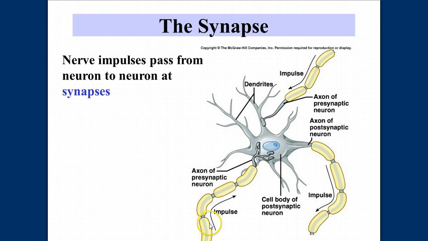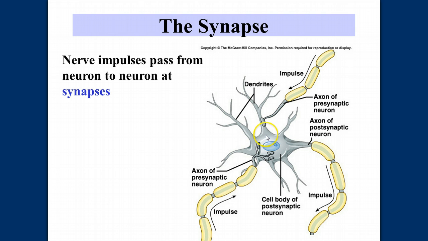Now, remember that the impulse travels in only one direction. The impulse travels down the axon to the synaptic knob, and this is where the synapse is between these two nerve fibers. So this is the direction of the impulse. It has not reached the synapse yet, so this is called the presynaptic axon or nerve fiber.